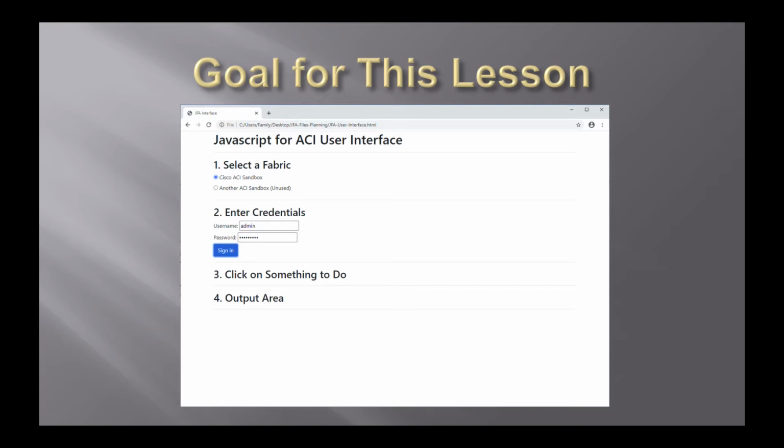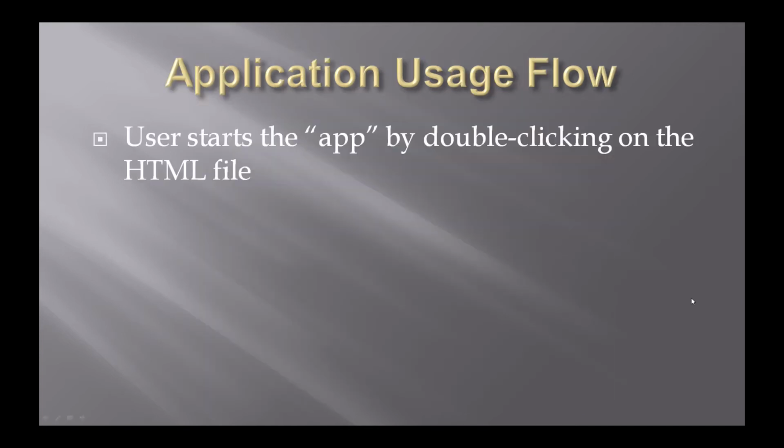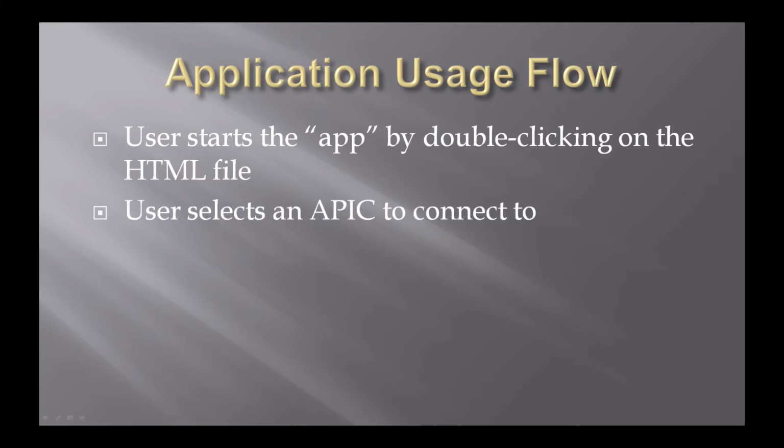It's nothing fancy, and a couple of the later sections aren't filled in yet down there at the bottom. But here's how the user will use this application. First, the user will start the app, hopefully by double-clicking on an icon somewhere. Once the page opens, the user will need to indicate in some way which API they want to connect to.